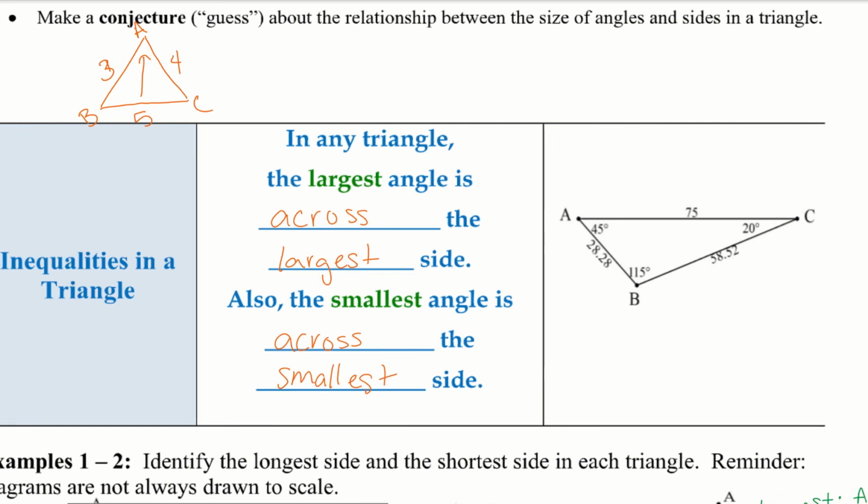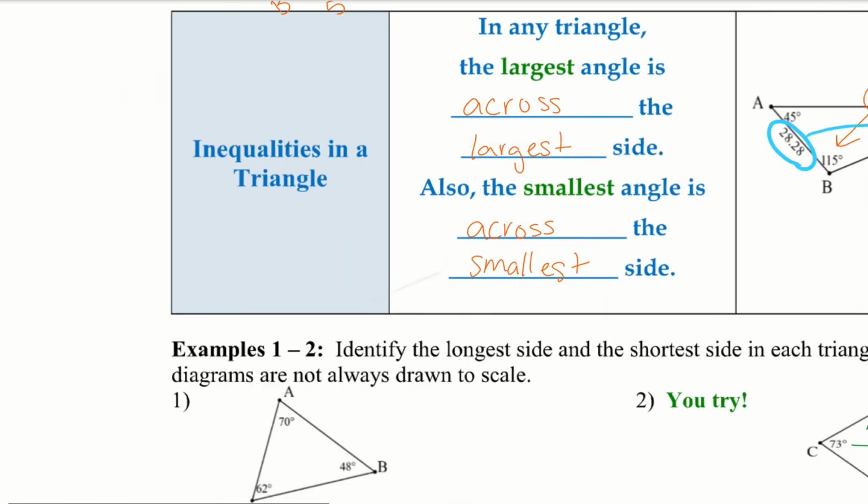So if we take a look at this, my largest side is 75, and therefore 115 is my largest angle. And I can also do that with the smallest. My smallest side is 28.28, and across from that we have 20 degrees, which is our smallest angle. So that all is true.